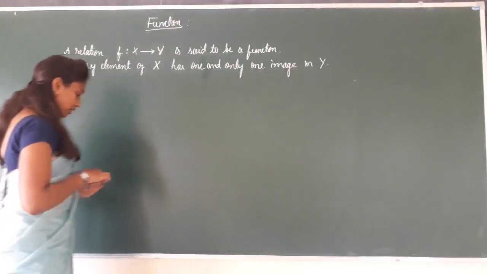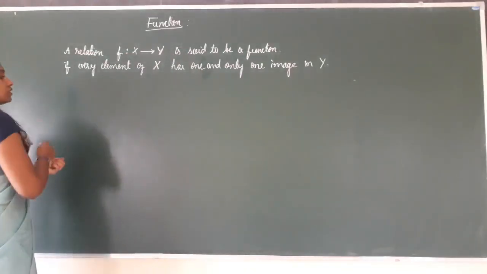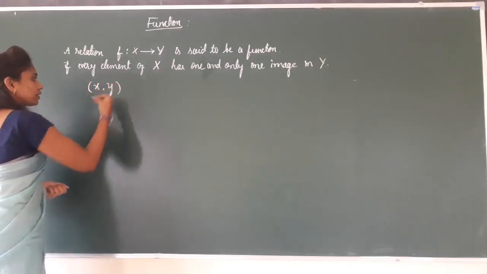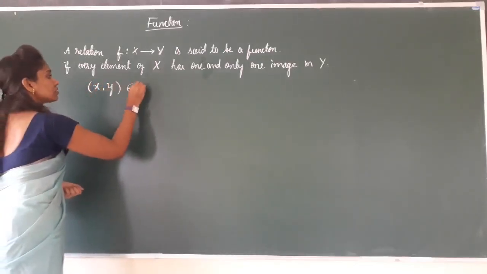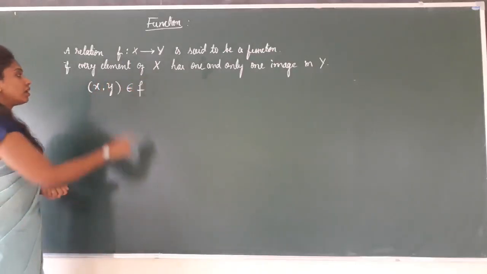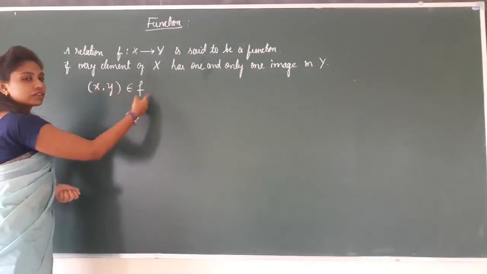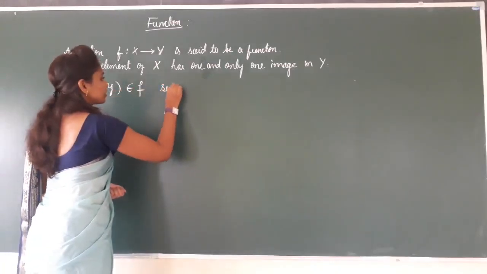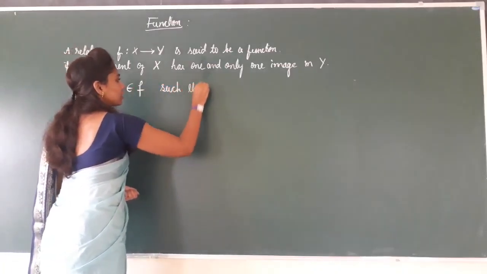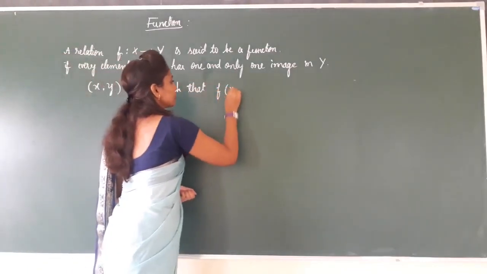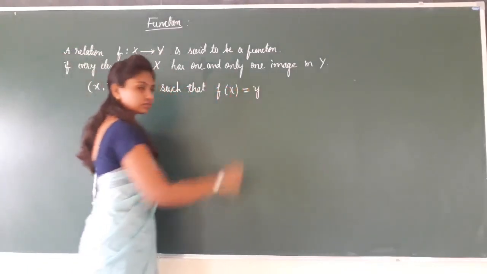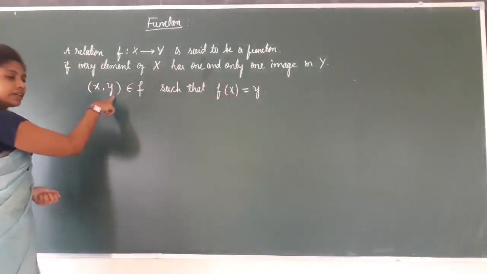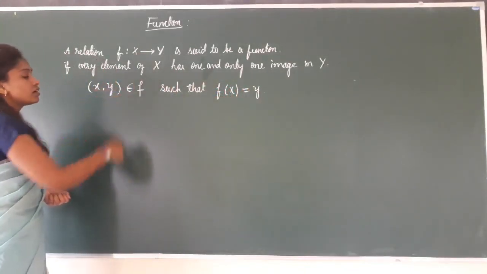That means, for a function, an ordered pair (x, y) belongs to a function f. This is nothing but such that f(x) = y, where x is the first element and y is the second element of an ordered pair.